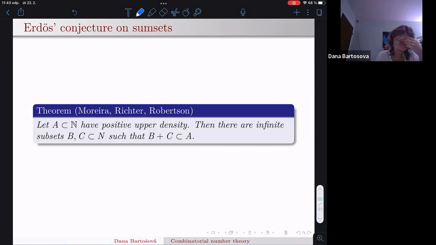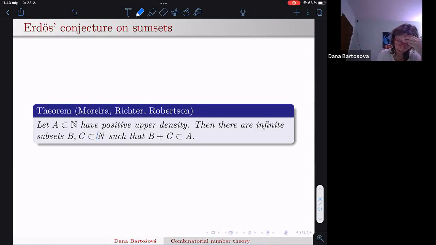working on ultrafilter dynamics, ergodic Ramsey theory. So they solved an old conjecture that says that if I have a set of positive upper density, then I can find a sumset of two infinite subsets in there.